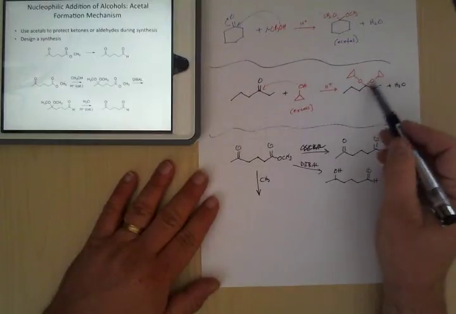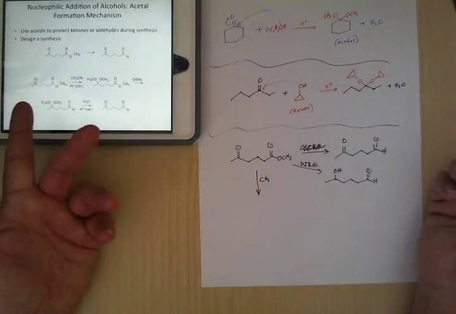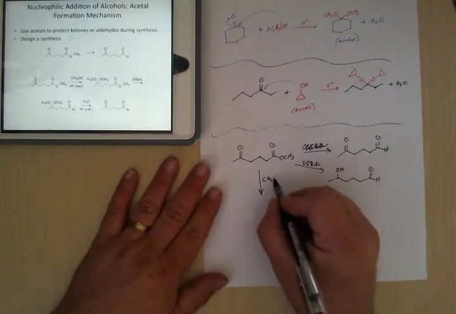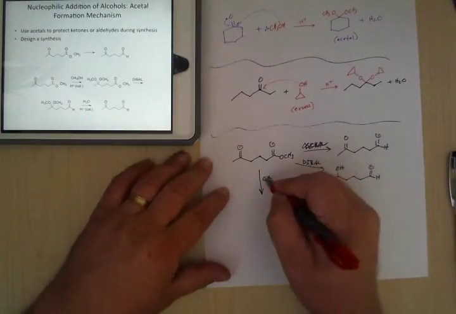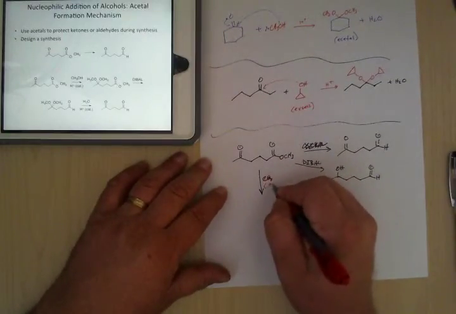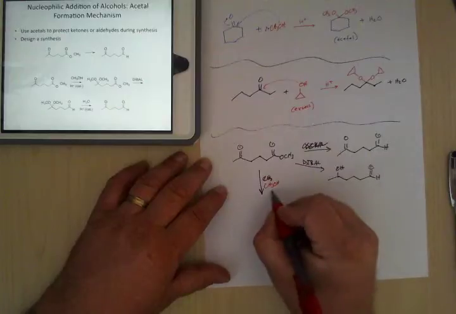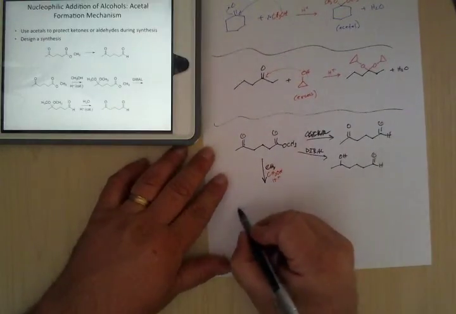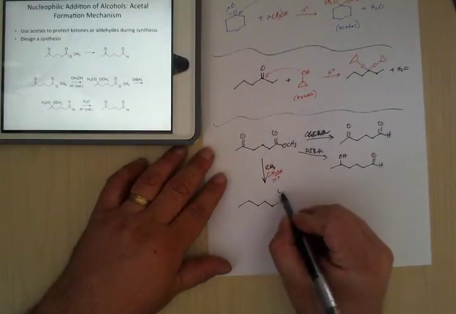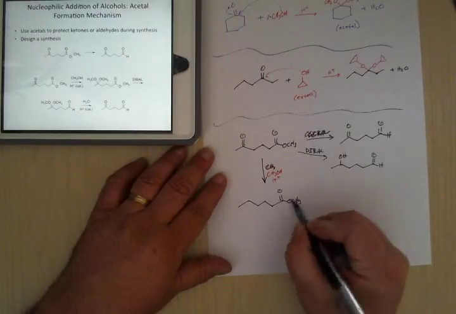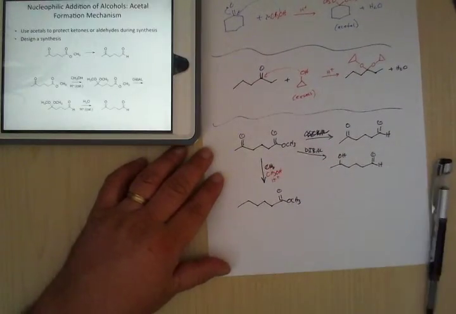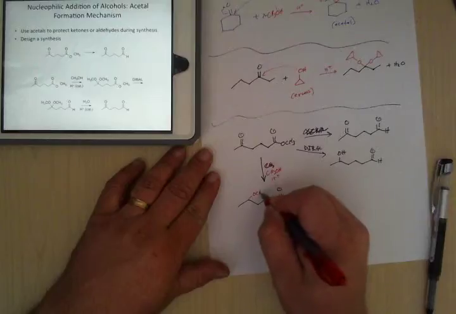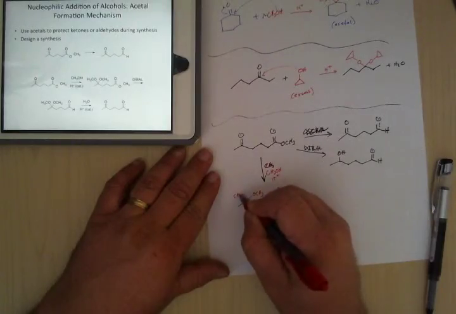To make it into an ether, right? Ethers are used as solvents, so they're not very reactive. Let me draw this in red so it's easier to see. With H plus, because your ketone is going to be more reactive than your ester, you end up protecting this as OCH3, OCH3.